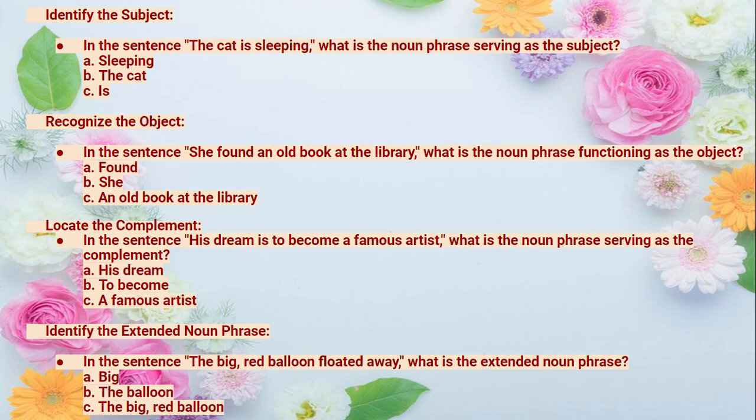Locate the complement. In the sentence, his dream is to become a famous artist, what is the noun phrase serving as the complement? Now identify the extended noun phrase. In the sentence, the big red balloon floated away, what is the extended noun phrase? Pause the video, be sure to take the quiz, leave your answers in the comment sections below.